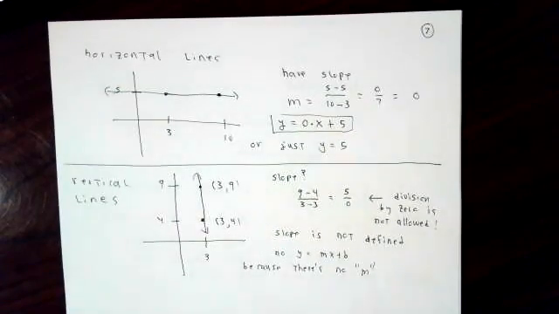2 special cases are worth mentioning. If you have a horizontal line, all of the y coordinates are going to be the same, even though the x coordinates can be different. So think of looking at the point where x is 3 and y is 5, and the point where x is 10 and y is 5. If you calculate the slope, the difference of the y coordinates comes up 0, the number on the bottom comes up 7, and 0 divided by a non-zero number is 0.